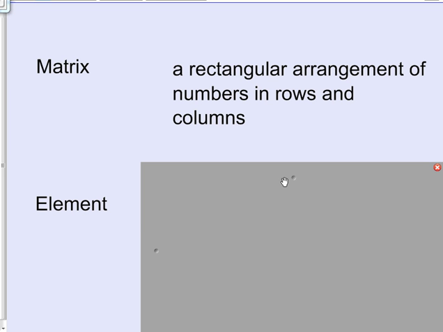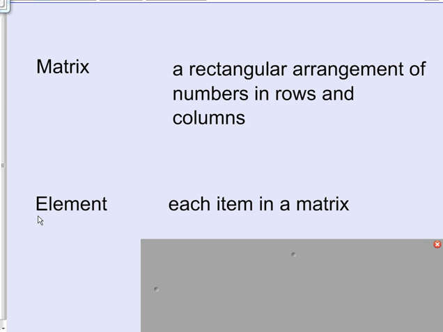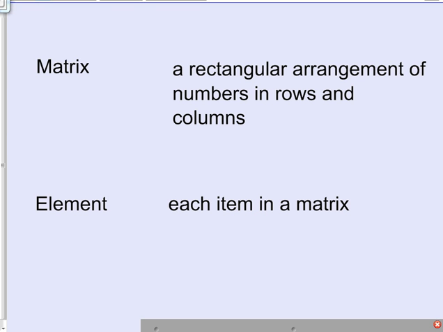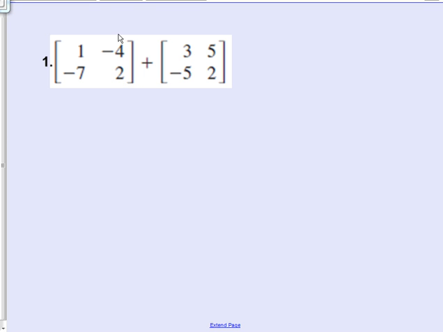And inside each matrix is what's called an element. An element is what's inside the matrix. So for example, this whole thing right here would be considered the matrix, and the 2 would be considered the element.